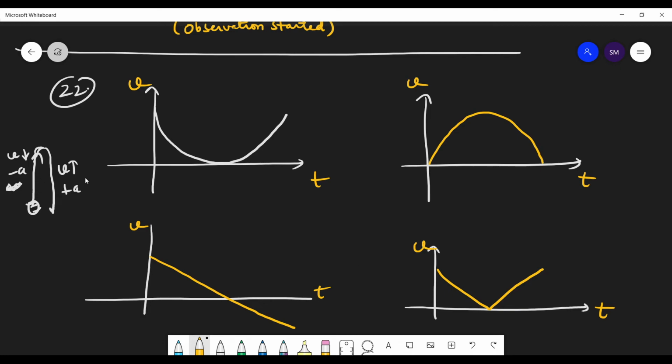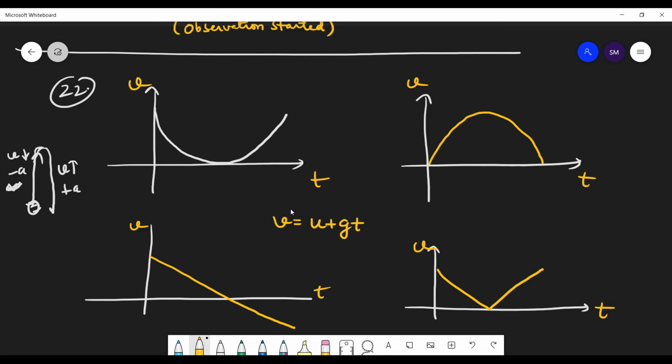So what is the relation between V and T, students? V equals to, we started this class with this question only. V is equals to U plus AT, and in this case V is equals to U plus GT.